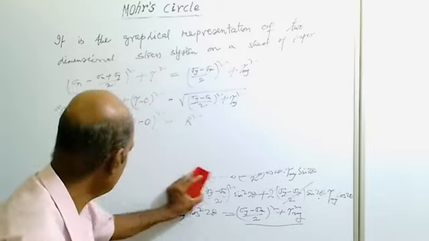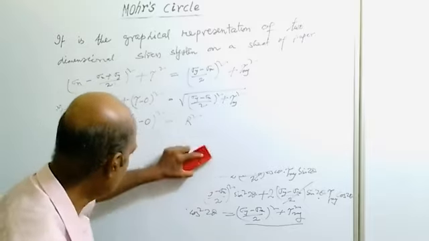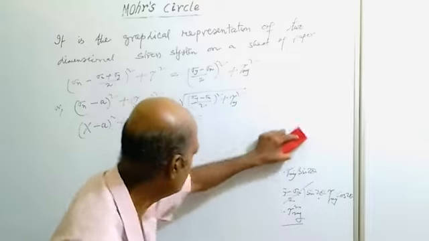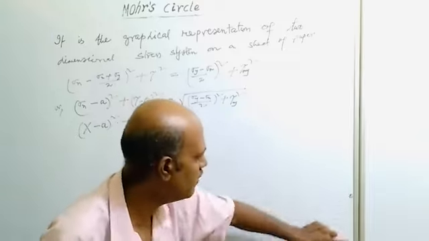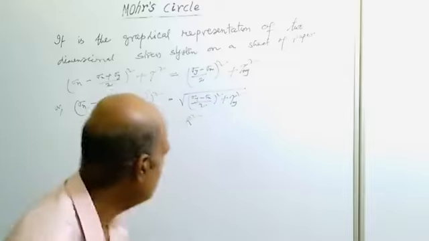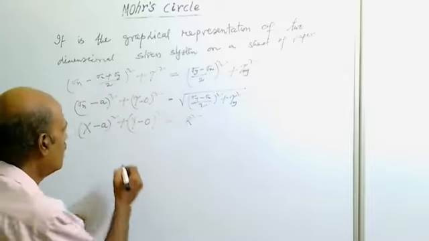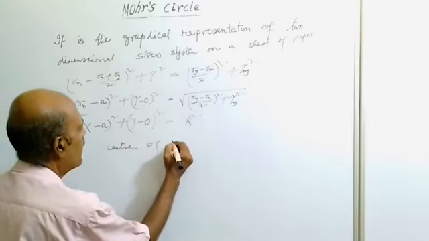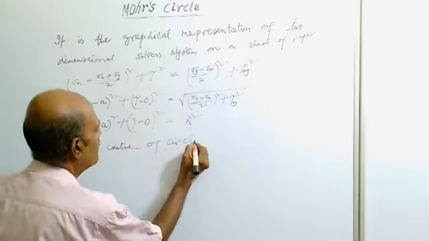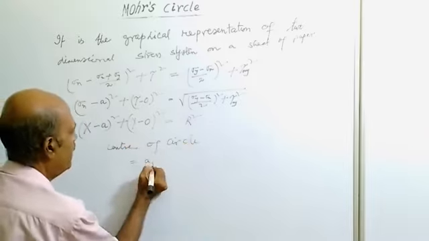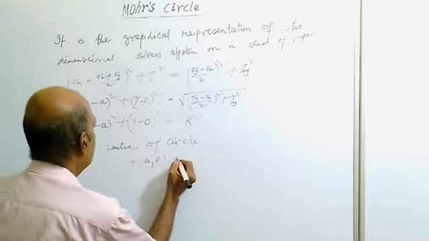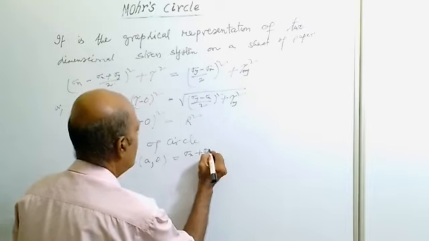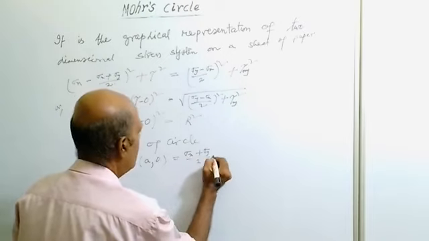So this is the equation of a circle where the center of the circle is given by a, 0. So in the equation of a circle we have got the center of the circle equal to (a, 0). So that will be equal to ((sigma x plus sigma y)/2, 0).